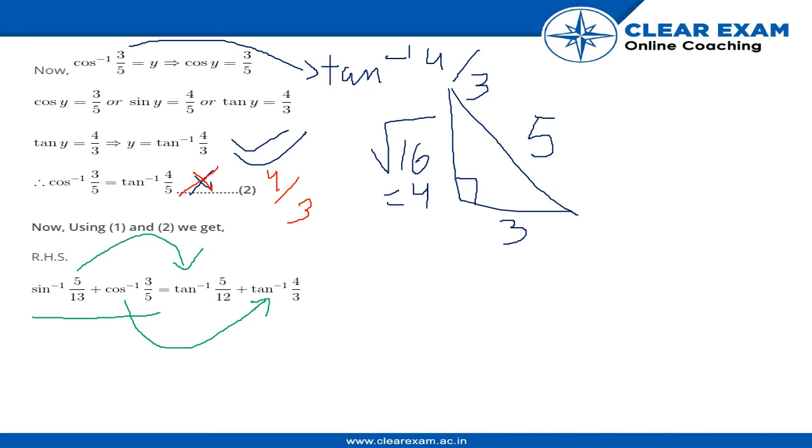Now I hope you all remember the formula of tan inverse x plus tan inverse y. We are going to apply that formula over here. Tan inverse x plus tan inverse y is equal to tan inverse of x plus y upon 1 minus xy, where our x is 5 by 12 and y is 4 by 3.